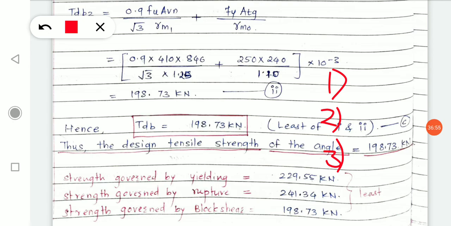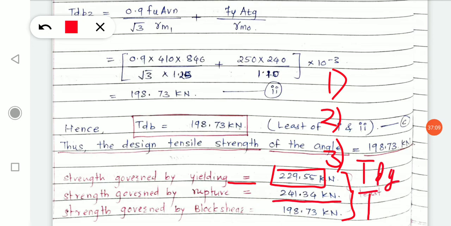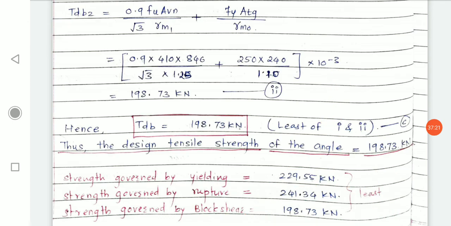You note down all three values of your strength. First, for yielding, we got 229.5, which is the value of TDG. Second is 241, which is the value of TDN, and third is for block shear failure, TDB. Out of these three values, you should consider the least.